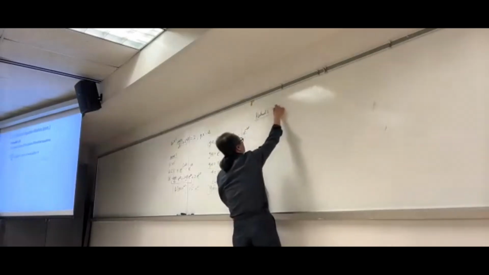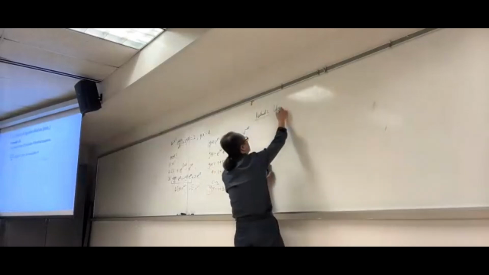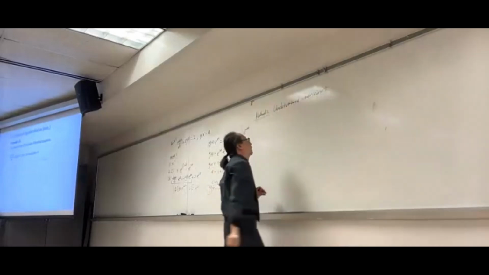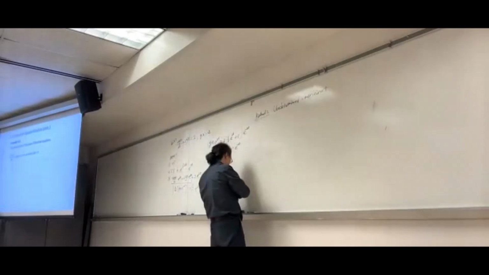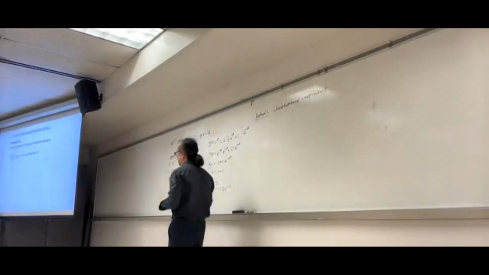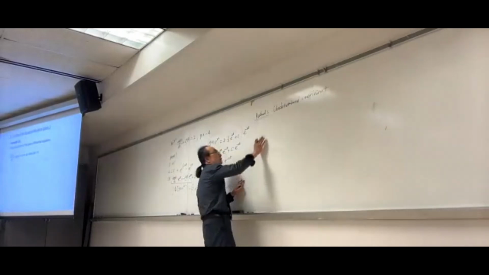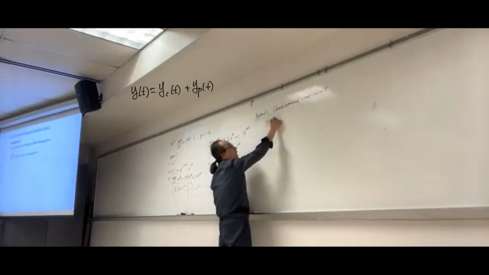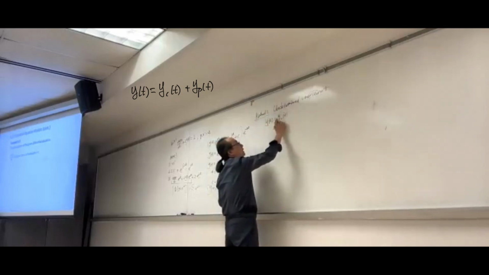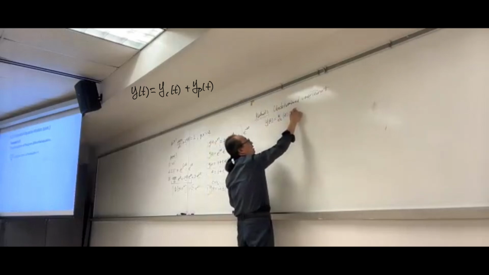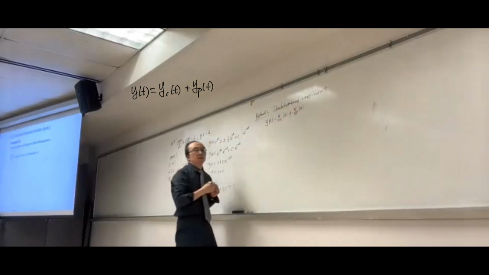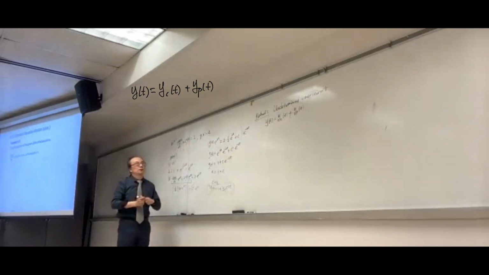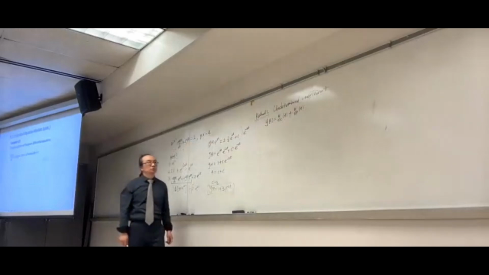Second method, just like what we showed in our textbook: the undetermined coefficient technique. I believe that is from chapter 3, section 4. What we need to do is find y of t, which is yc of t plus yp of t. yc of t is the complementary solution and yp of t is a particular solution.